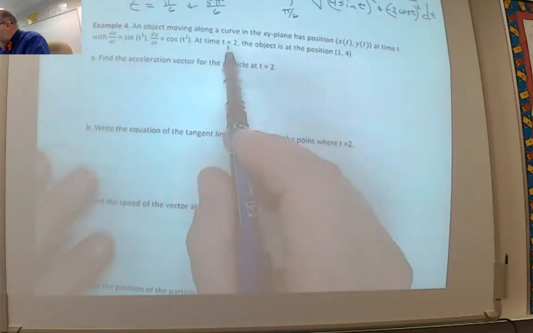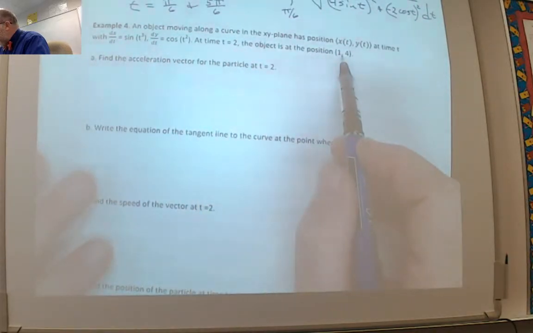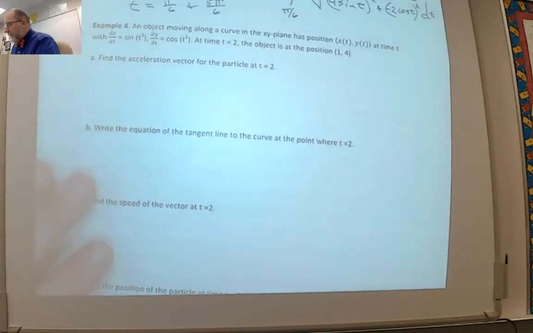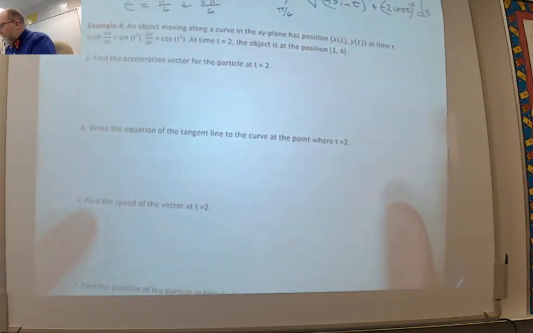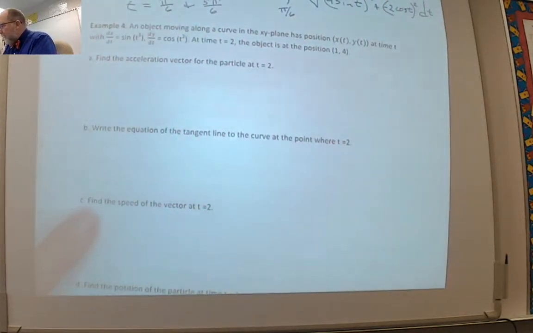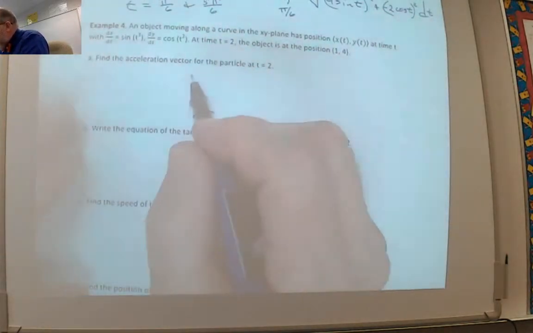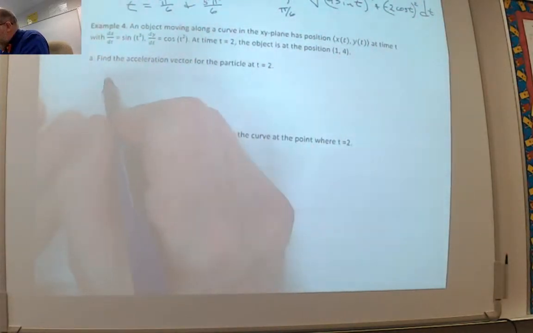It says at time equals 2, the object is at the position 1, 4. Find the acceleration vector for the particle at 2. Rachel, you got an idea what to do? You take the derivative of dx dt. Okay.